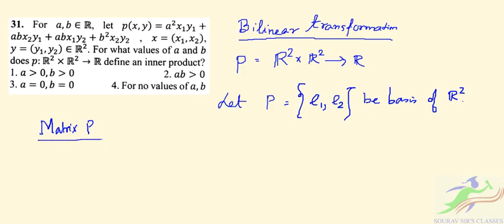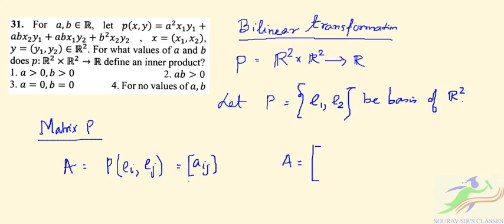Let us consider a matrix A of IJ, where P of (EI, EJ) equals A of IJ, with EI and EJ the standard basis. This is a 2 by 2 matrix: A11, A12, A21, A22.